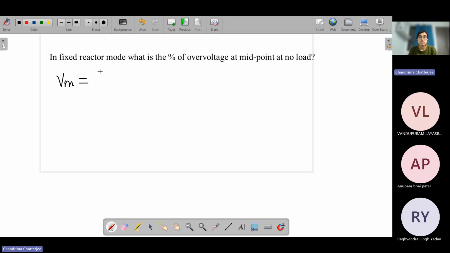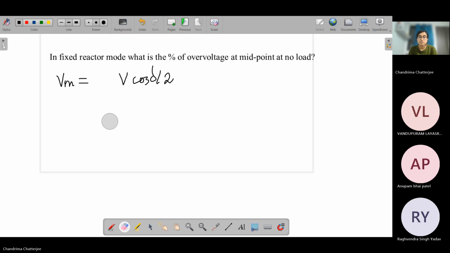In fixed reactor mode, we need to write the expression of VM, which will be slightly different from the fixed capacitor mode, right? This is V cos delta by 2. Sorry, there is no 2.